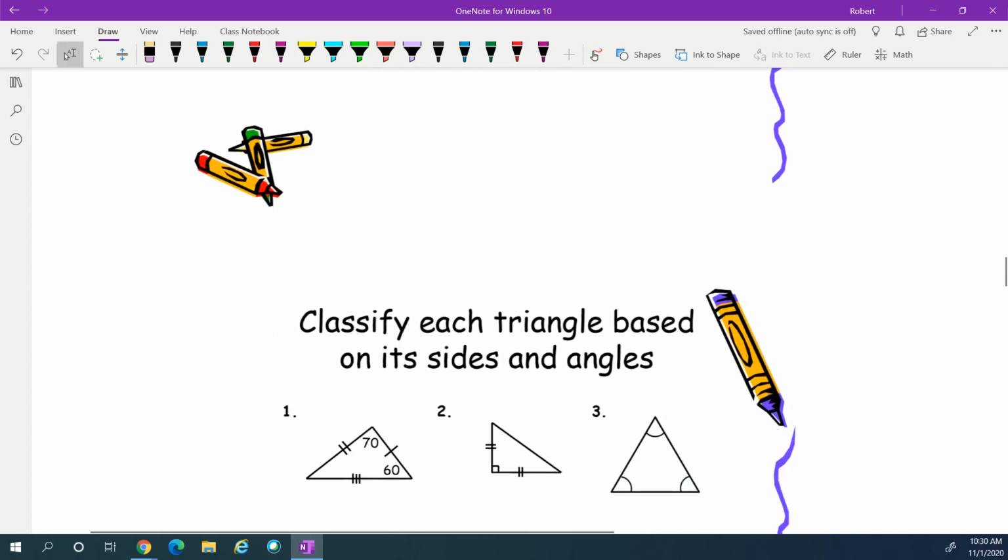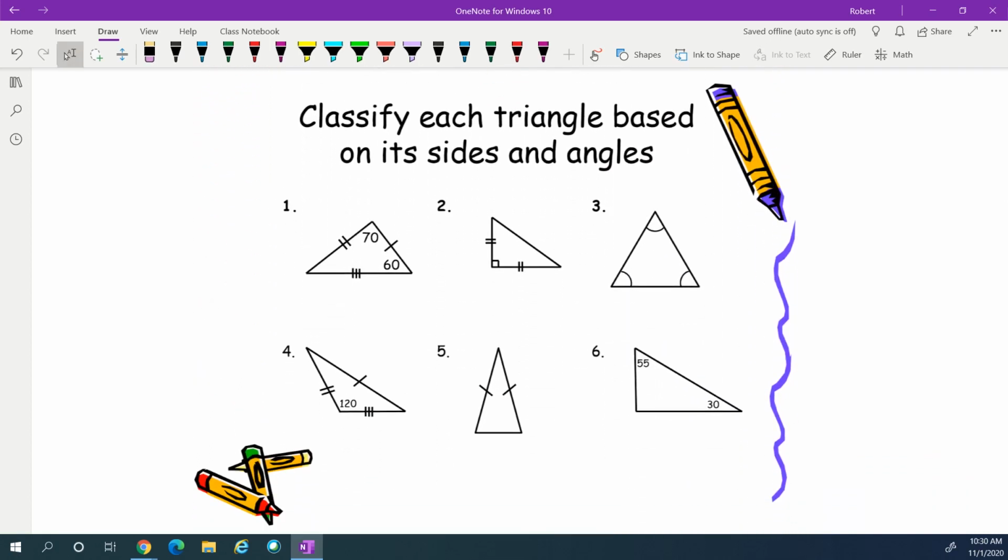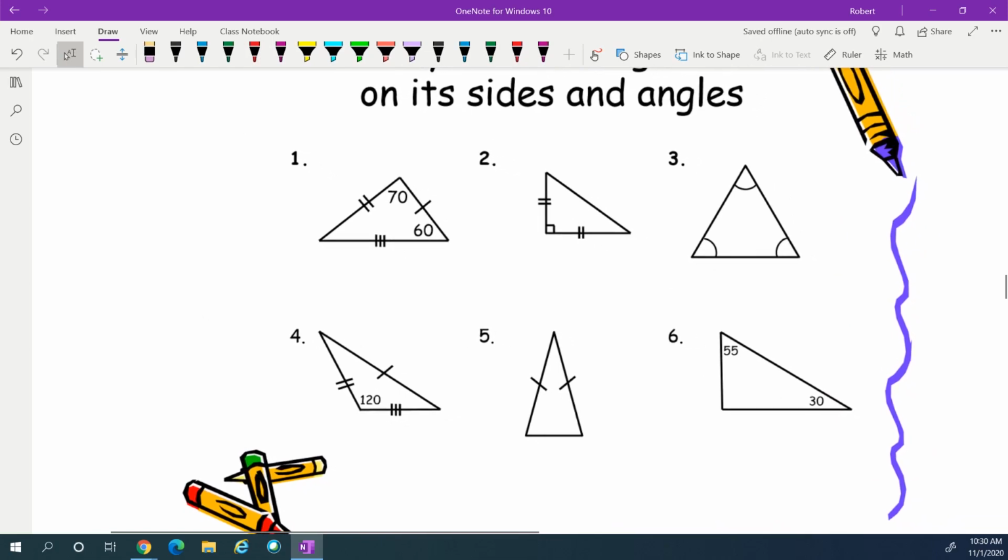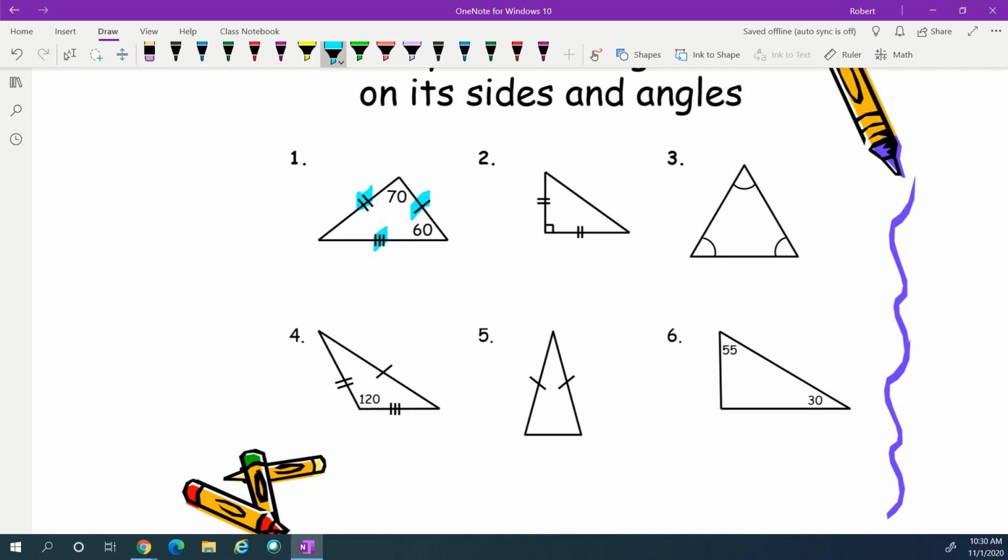Okay. So the first few things we're asked to do here is just classify the triangle based on its angles and its sides, again, as best as we can. So one thing we notice right away, in number one, notice the markings of the sides. They're all marked different.